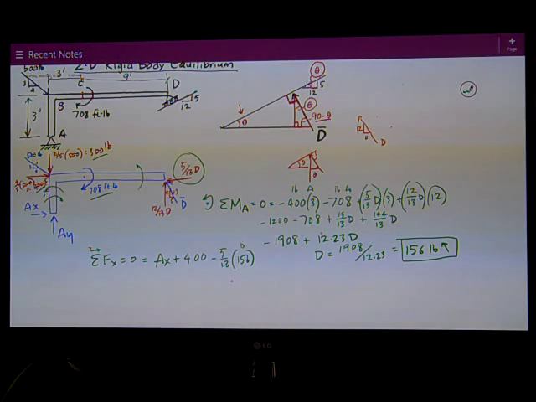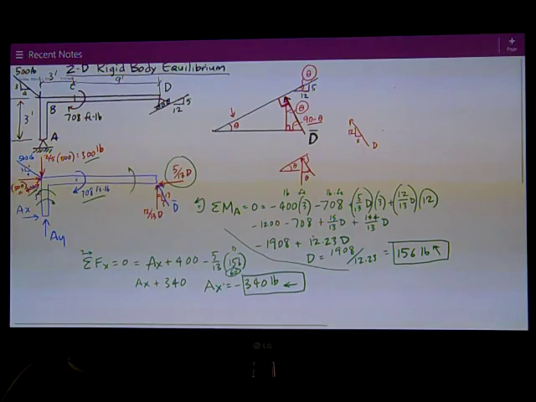That's the force at D. Rearrange, do the math, I get AX. Negative 5/13 times 156, so that works out to be 60. So I get 400 minus 60, so I have AX plus 340. If you do the math, therefore AX equals negative 340 pounds. The negative means it's the opposite of my assumption, so it's to the left.